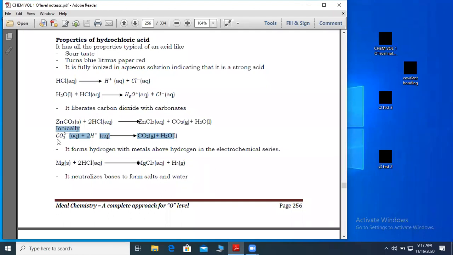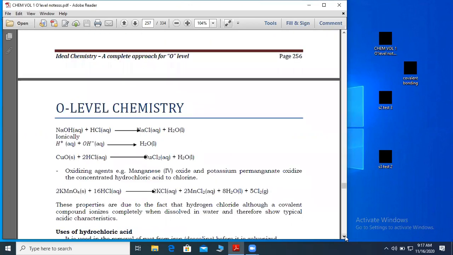That is the ionic equation. And the molecular equation, you put calcium in place of zinc. So all carbonates react with the acids to form a salt. The salt in this case is zinc chloride, then carbon dioxide and water. So that was it for the assignment.